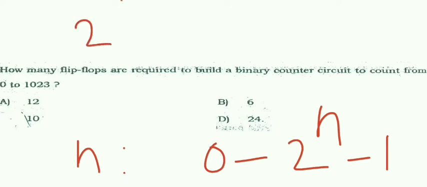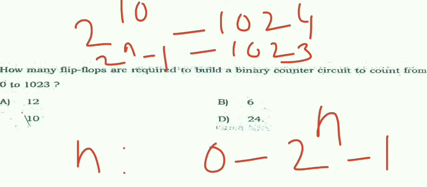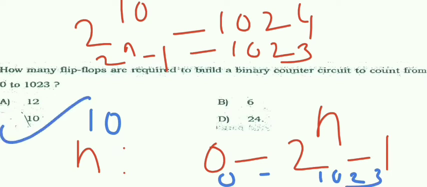So it is 2 power 10, that is 1024. What I want is 2 power n minus 1, that is 1023. So what should be my n value? n should be equal to 10. So if n is 10, I can go from 0 to 1023. So n value must be 10.